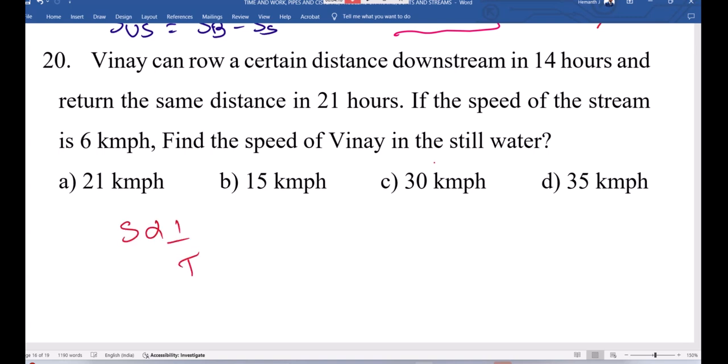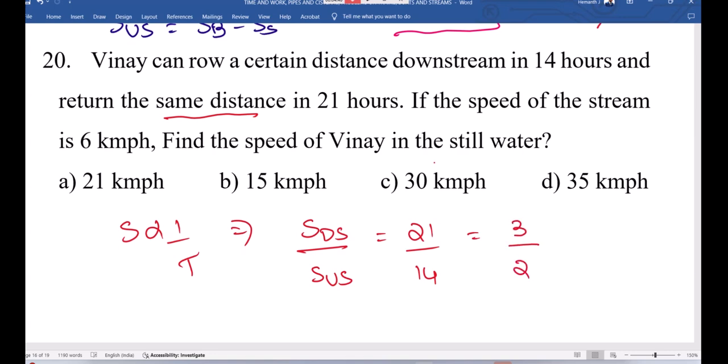Here distance is same. So speed of downstream divided by speed of upstream means 21 divided by 14, reversed. So downstream timing is 14, upstream is 21, but reverse, inverse relationship. So this is nothing but 3 by 2.